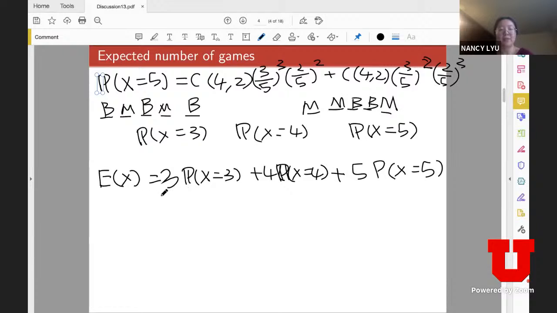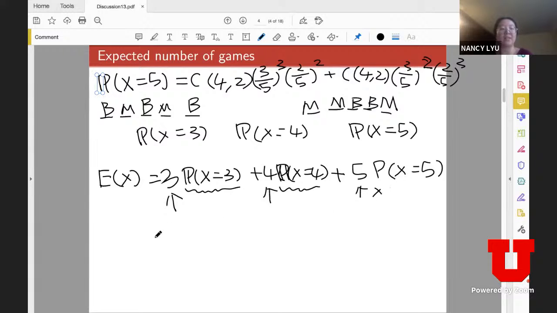So this is like a weighted average. That basically means that the length is 3 here, and this is how much it would contribute to the final average. And this is the length of 4, and this is the probability of getting a length of 4. And this is the length 5 times the probability of getting a length of 5.